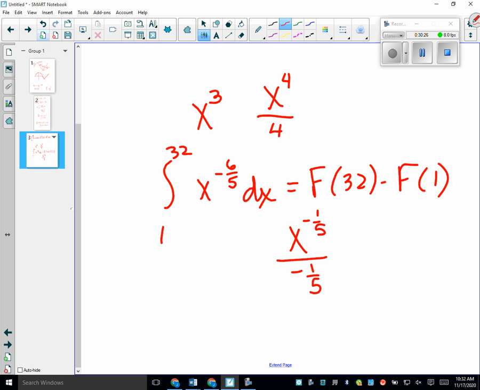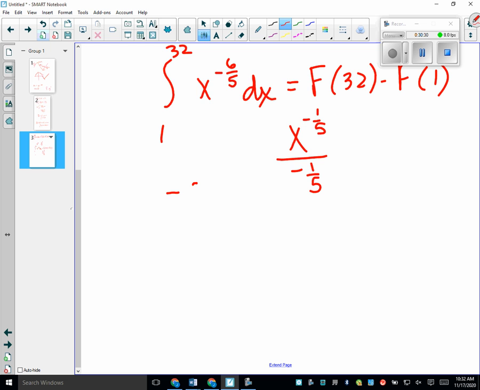Correct? Which is actually negative 5 x to the negative 1/5 from 1 to 32. Yes. That's what it means when I write this, from 1 to 32. Correct?